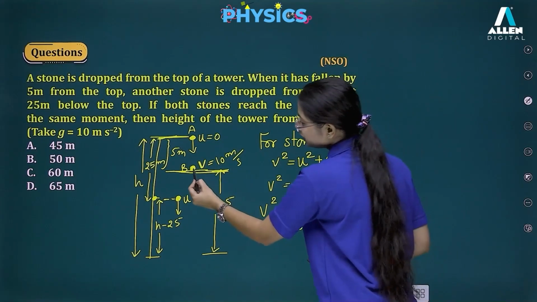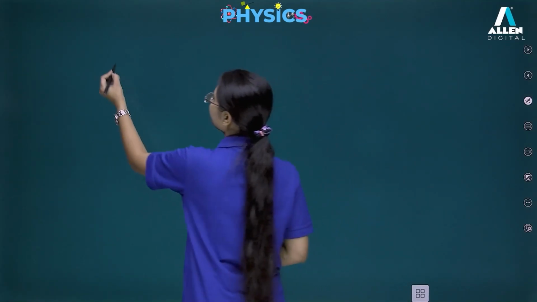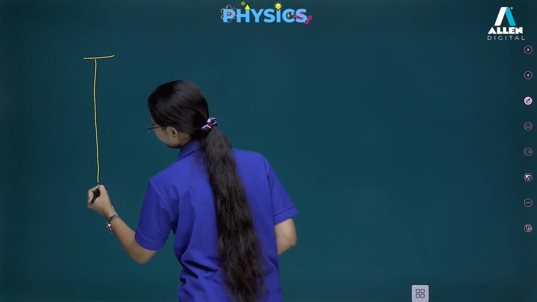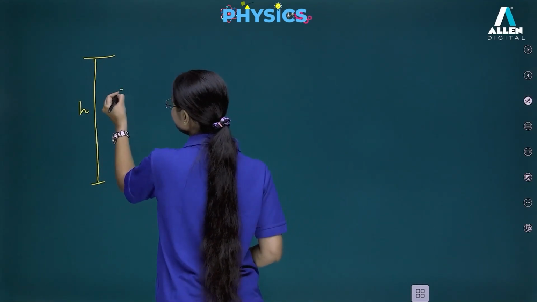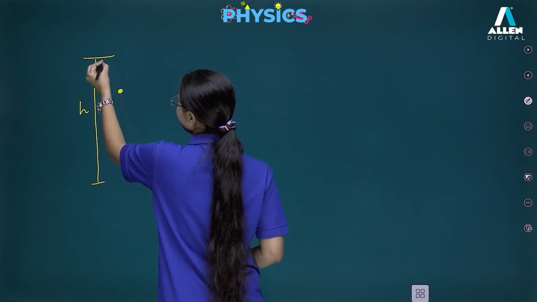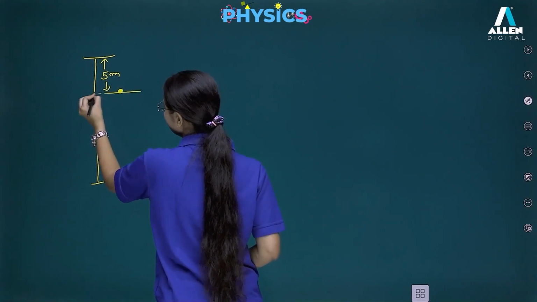Now, I am taking only this position and this position. So, let's draw the diagram again. Here the tower is having height h. Now the stone 1 is here, which is 5 meter below the top.